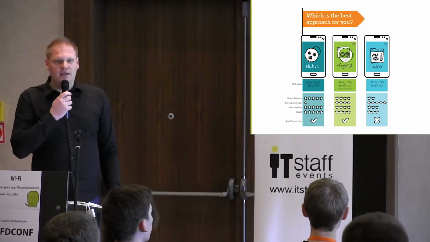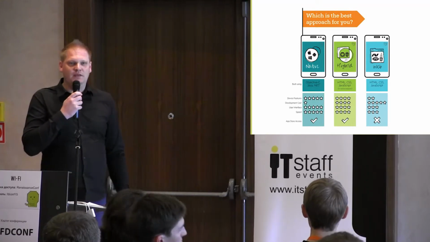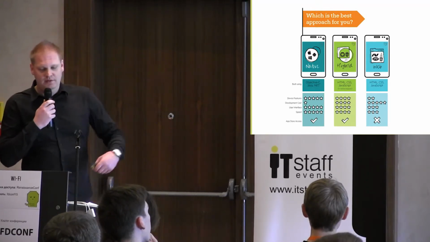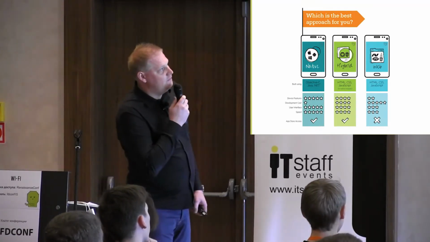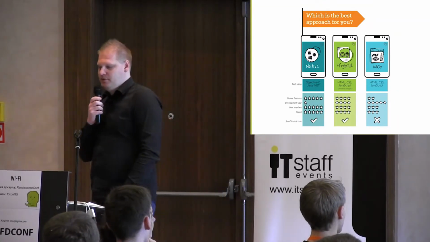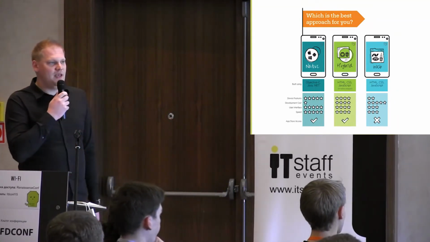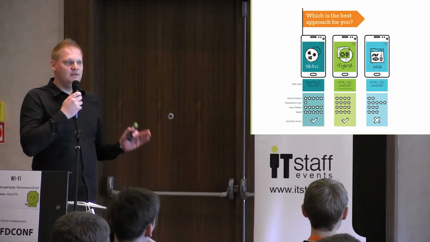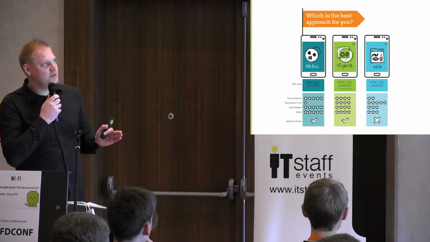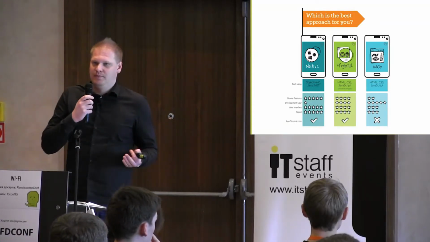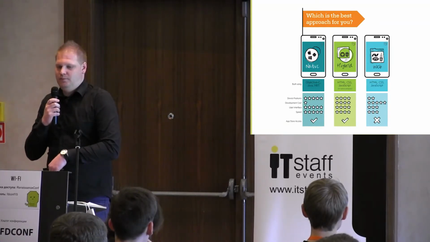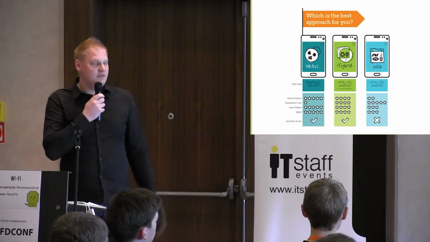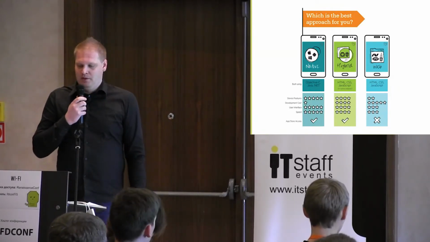And as always, there is something in between native and web apps, and that's hybrid apps. A hybrid app is basically the tool that combines the best things from both platforms. You can access native code and build an app upon HTML, CSS, and JavaScript.